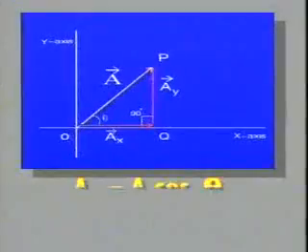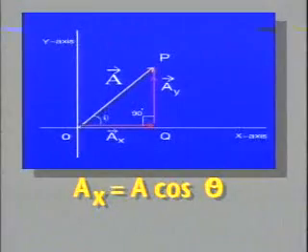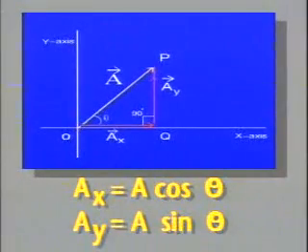Applying the laws of trigonometry on the triangle OPQ, we get AX is equal to A cos theta and AY is equal to A sin theta, which gives the magnitudes of the two components.